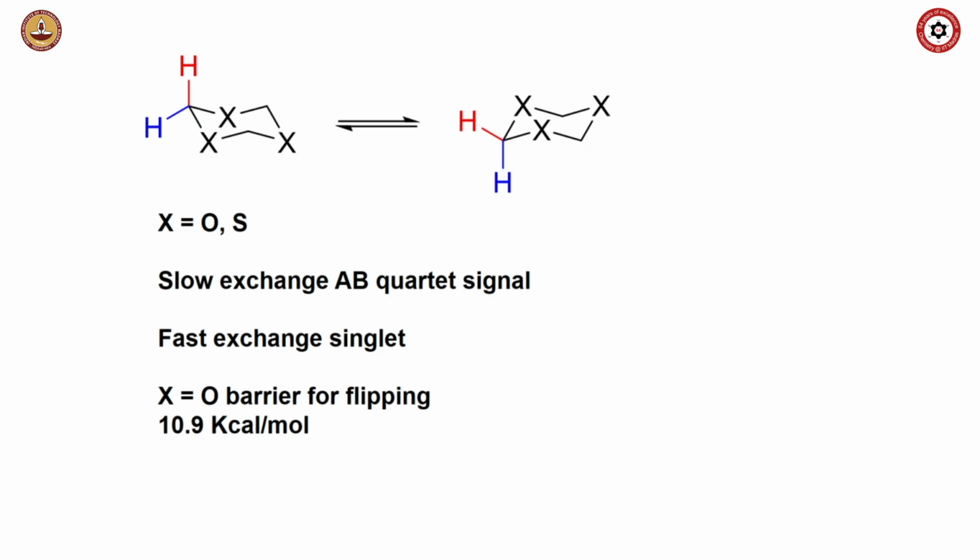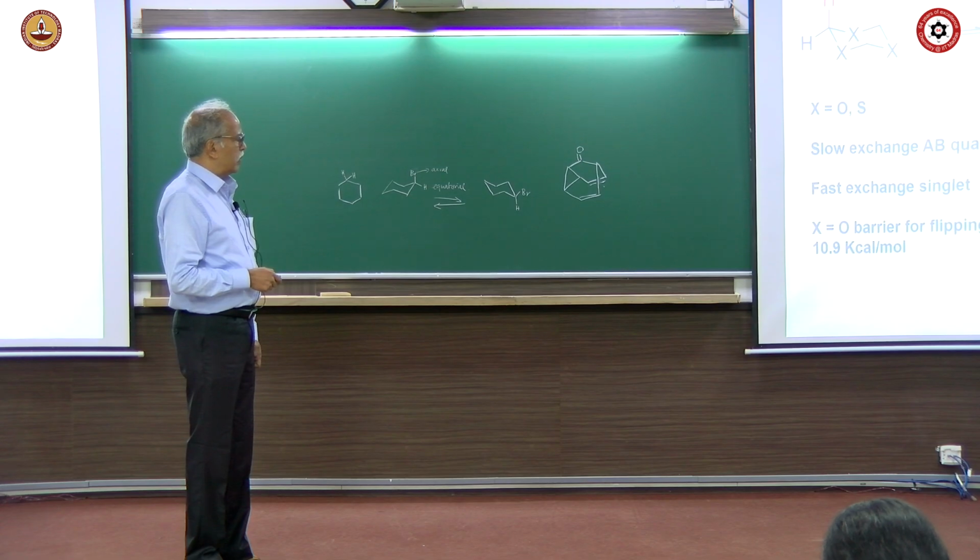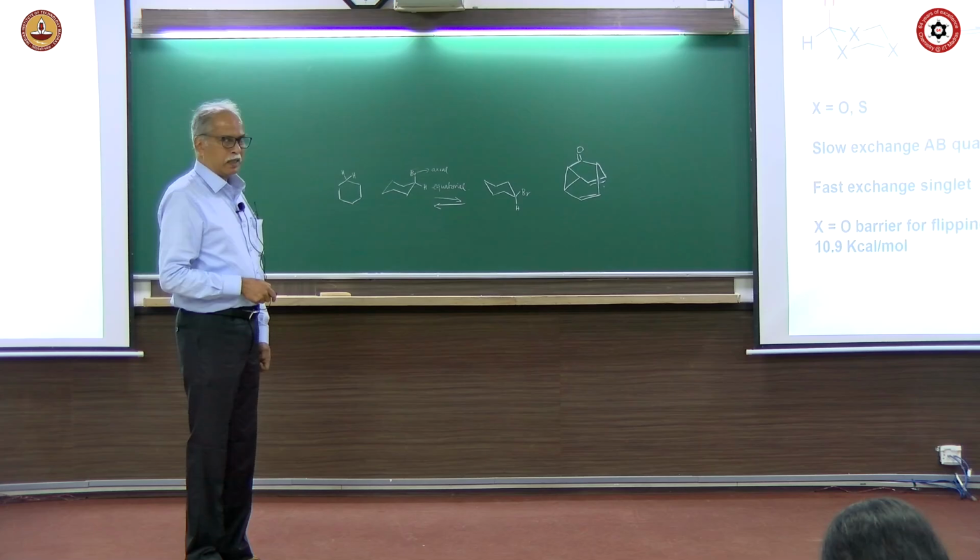So it gives an AB quartet signal in these 2 compounds. In the slow exchange process, it gives an AB quartet, and in the fast exchange process, it gives a singlet. In the fast exchange process, you cannot distinguish between the axial and the equatorial position. The barrier for flipping of the trioxane molecule is about 10.9 kilocalories per mole.